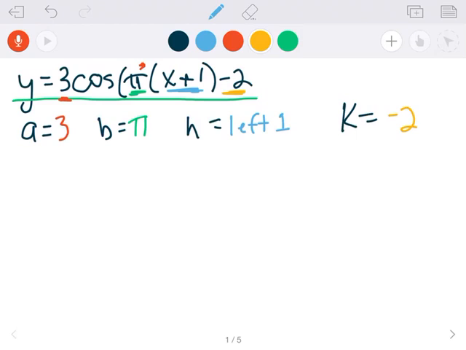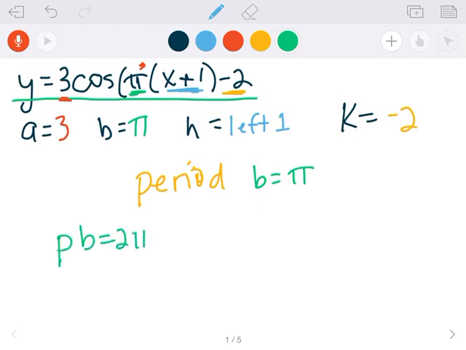Now, hopefully you're thinking that we need one more piece of information to solve this, and you're right. The piece of information that we need is to find the period, and it relates to the b value of pi. If we keep in mind that PB always equals 2 pi, then we can use that equation to figure out our period.